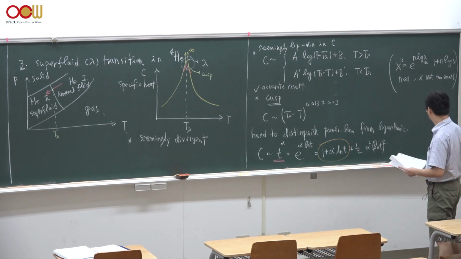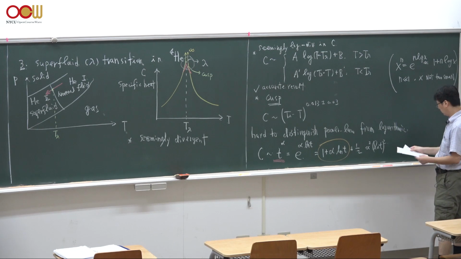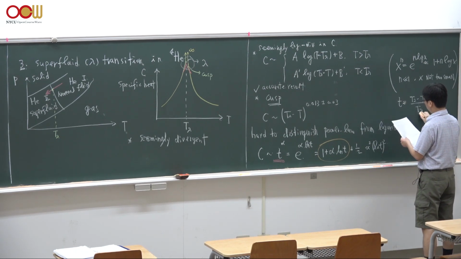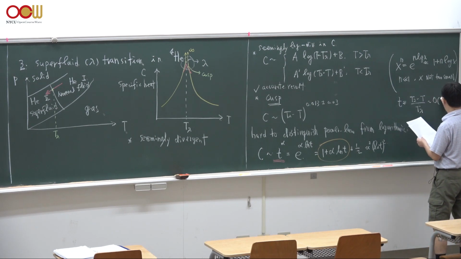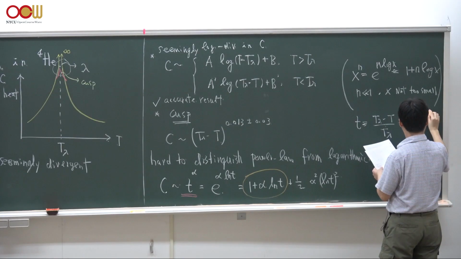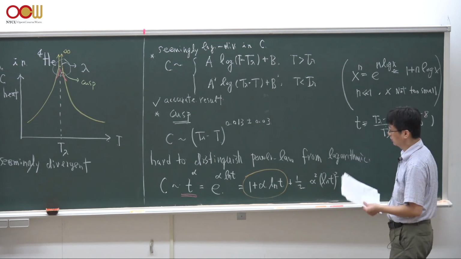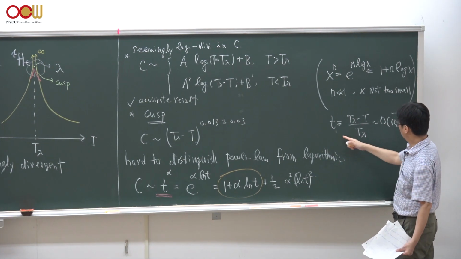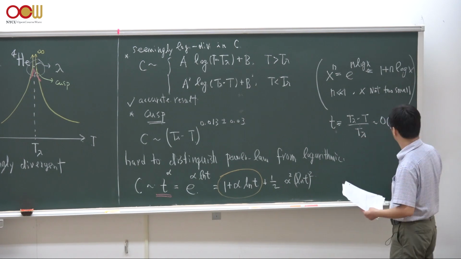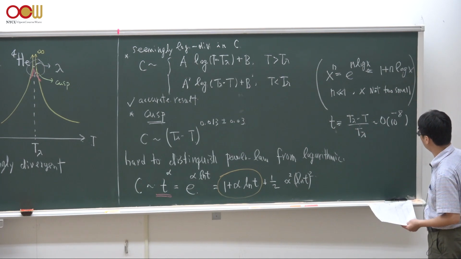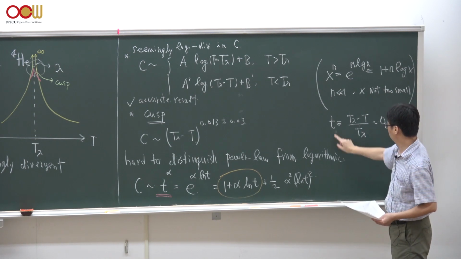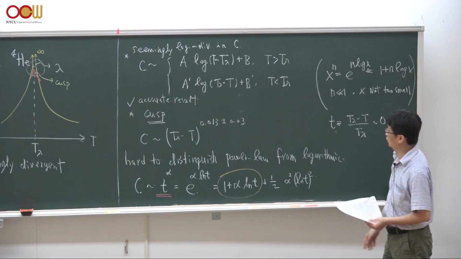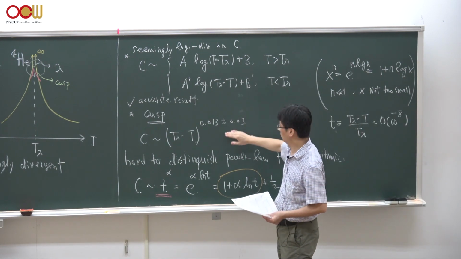Instead, this is a cusp, but only when we have a very, very high accuracy measurement, of the order of 10 to the minus 8, in determining this little parameter t in experiments. If we have such high resolution experiments which can tell a small amount of deviation from this T lambda, only then could we tell this logarithm from this power law.